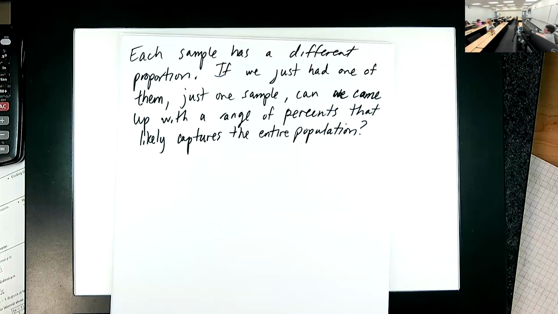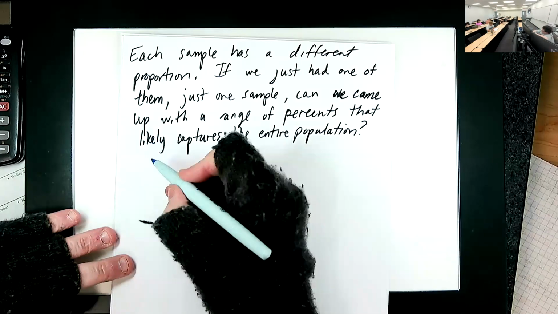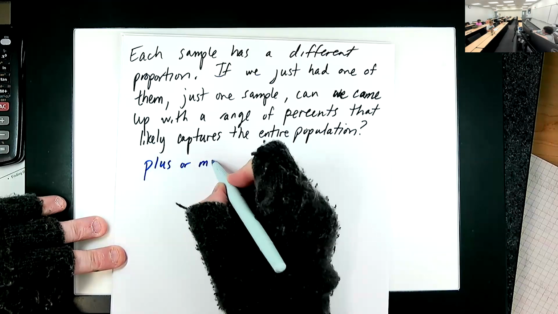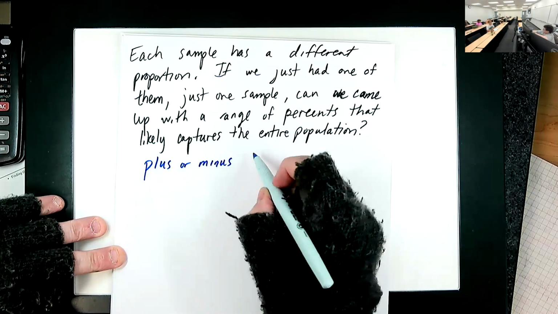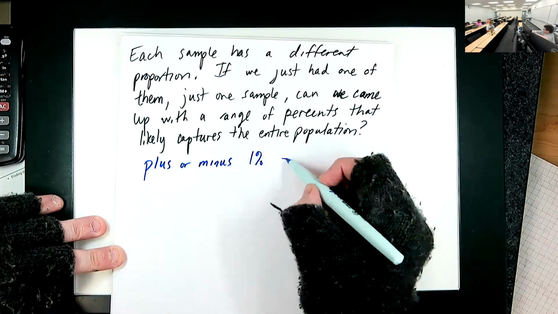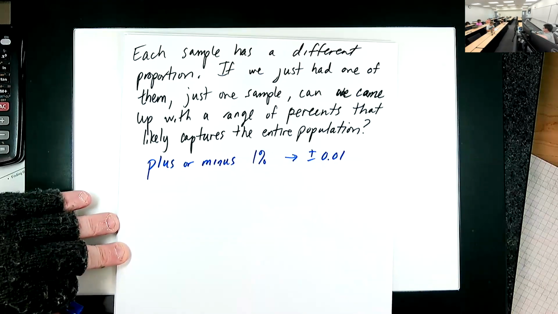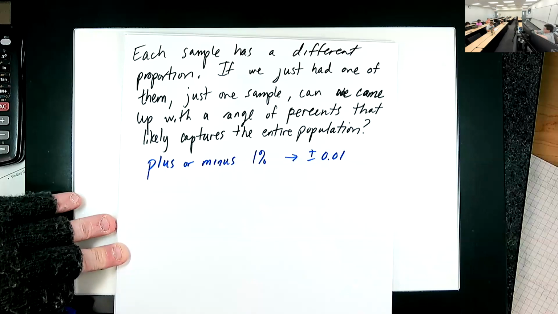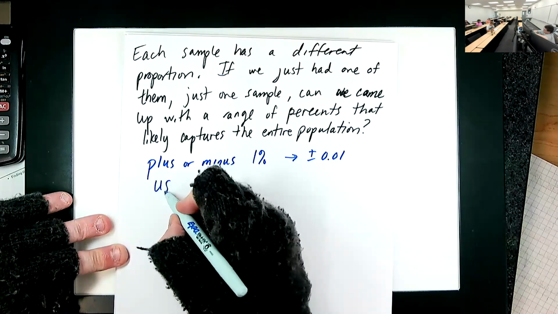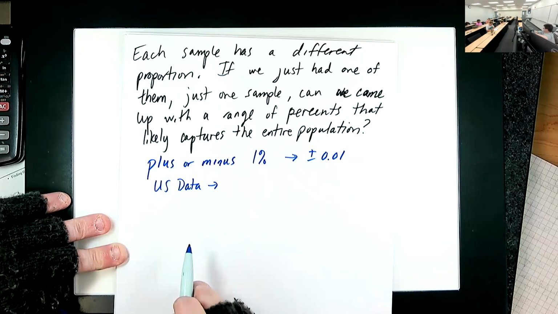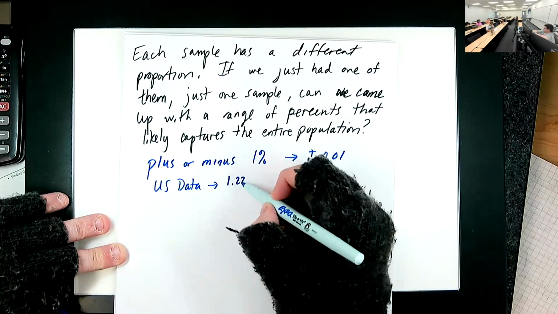So what if we did plus or minus 1%, plus or minus 0.01. If I just had the US's data, well, we had 1.22%.